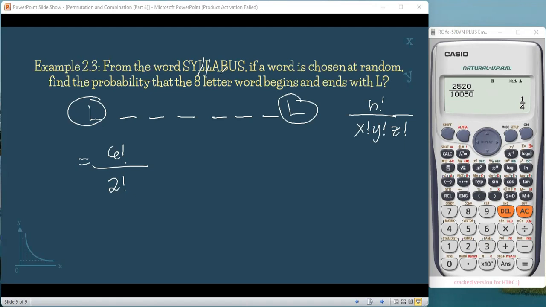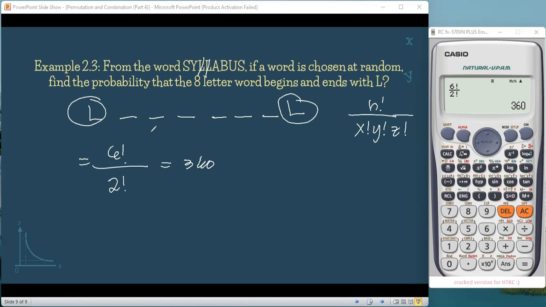Si B naulit? Hindi din po. At si U naulit? Hindi din po. Kaya ibig sabihin that is only 6 factorial all over 2 factorial. And to calculate that, using our calculator, that is 6 factorial divided by 2 factorial, that will give us 360.